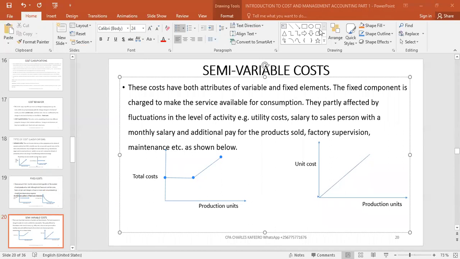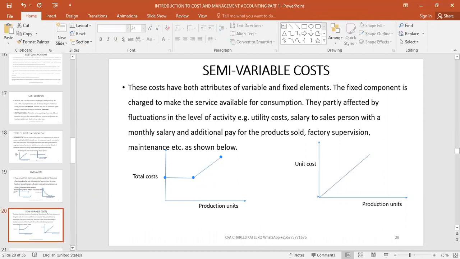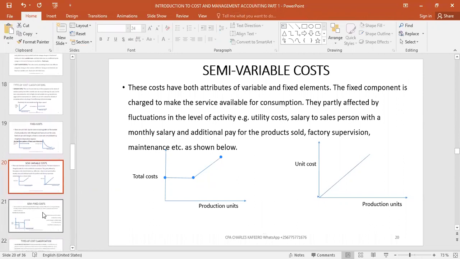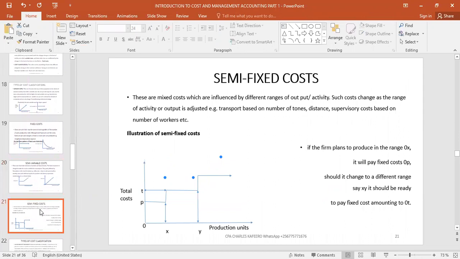Yeah, and that is it. Then we can proceed to the next one, which is the semi-fixed costs.